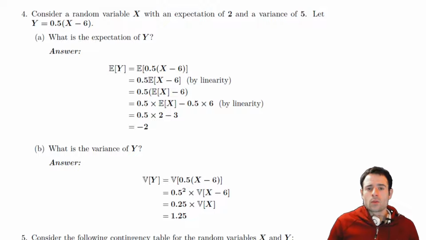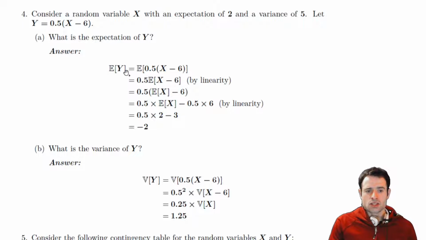Now, given that we know the expectation and the variance of x, we want to know what the expectation and the variance of y will be. We are going to need to use the different properties we know about expectations and variance. So first, let's say the expectation of y.